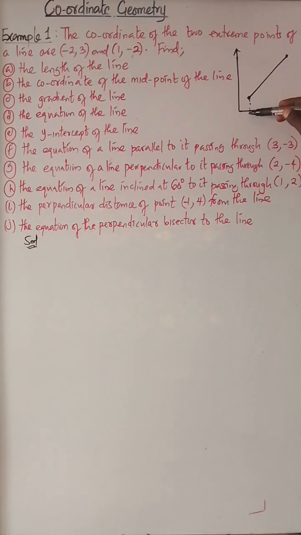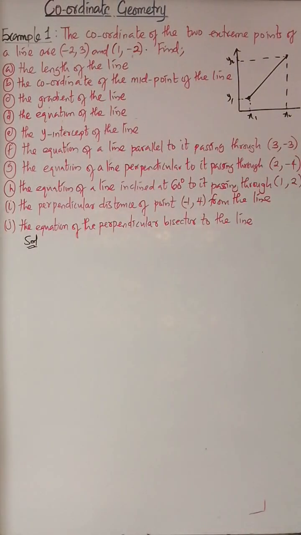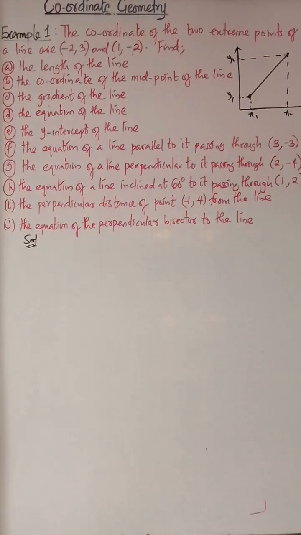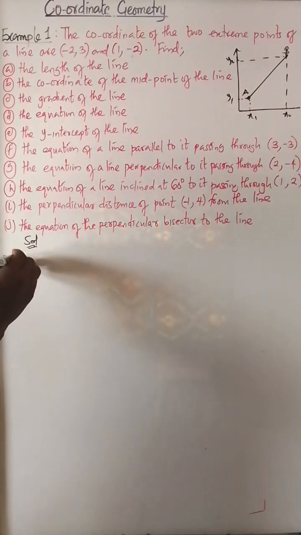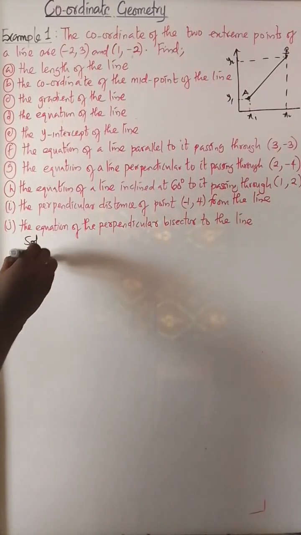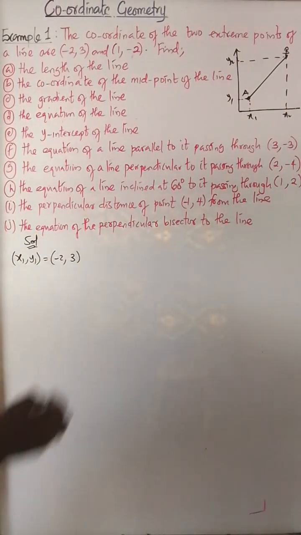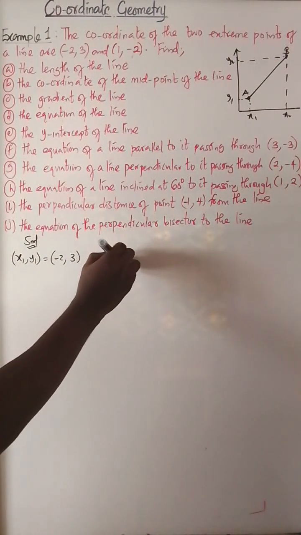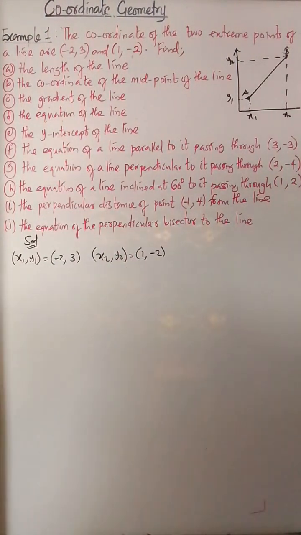If you trace it here, this is x1, this is y1, this is x2, and this is y2. Let's call this point A and this point B. So we can say the coordinate of point A, which is x1, y1, is given to be minus 2, 3. And point B, coordinate x2, y2, is given to be 1, minus 2.